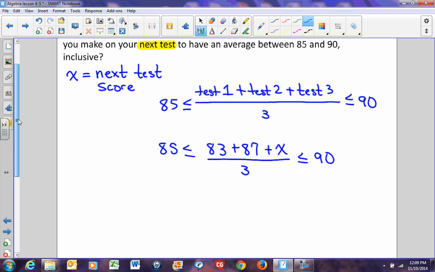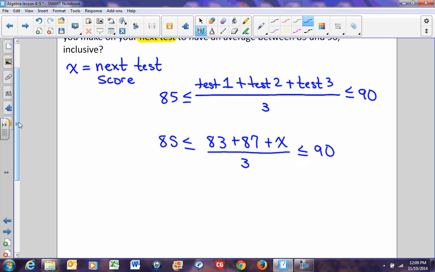Okay, so let's simplify this a little bit. If I add 83 and 87, I get 170. So I have 85 is less than or equal to 170 plus x divided by 3, which is less than or equal to 90.